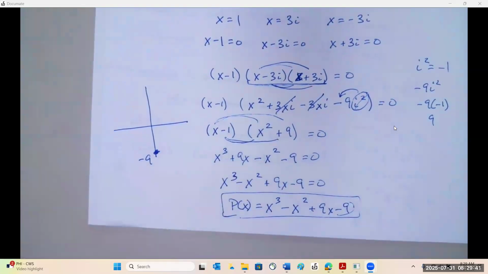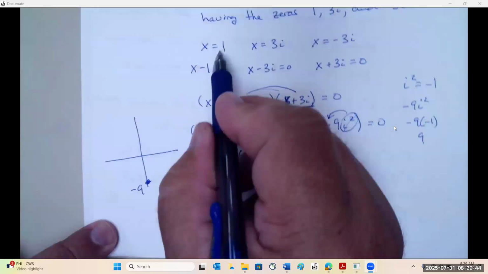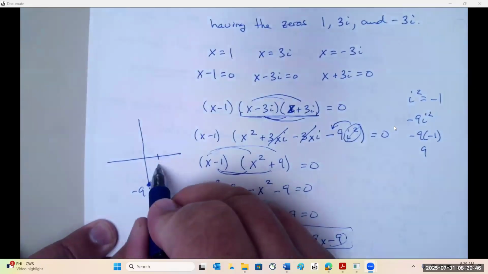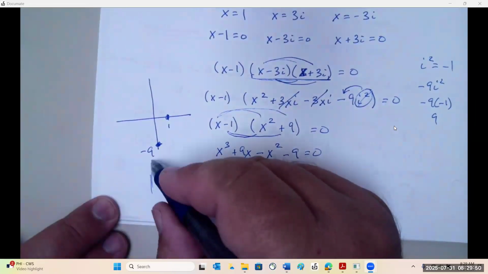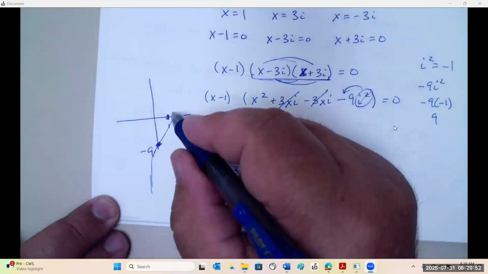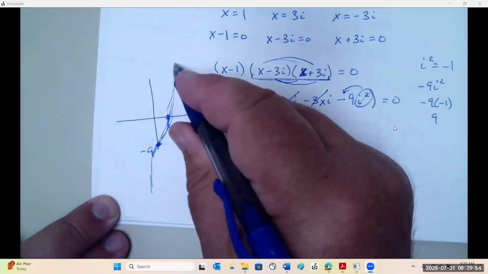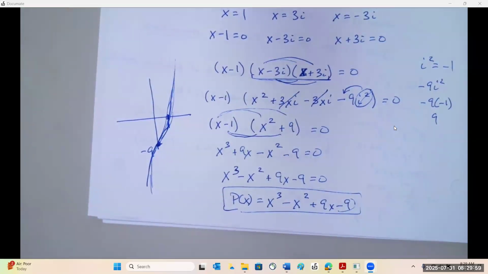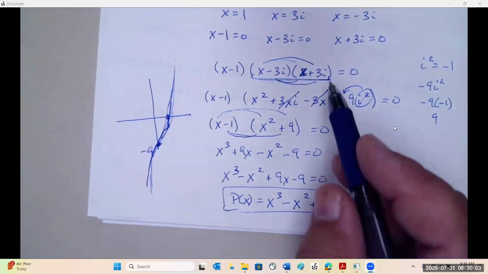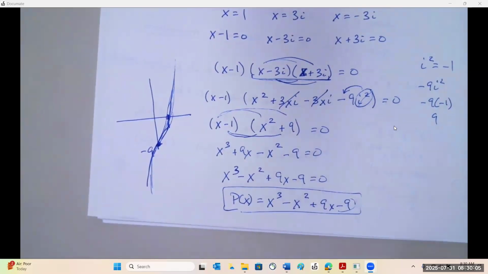What else? It gave me one of them is at 1. So we know our graph will look something like this. There's no other exception. And it's a cubic function, so opposite directions.